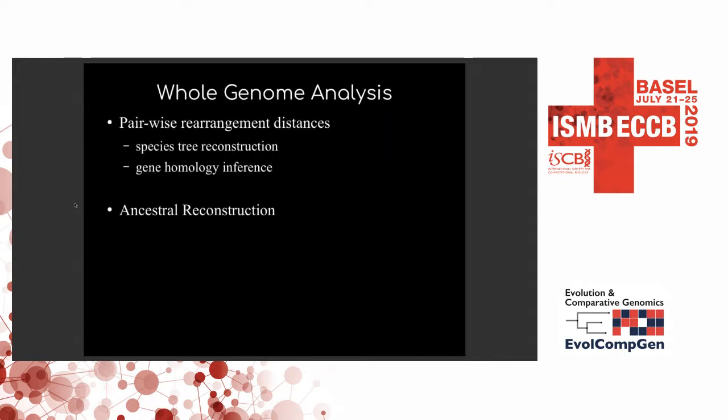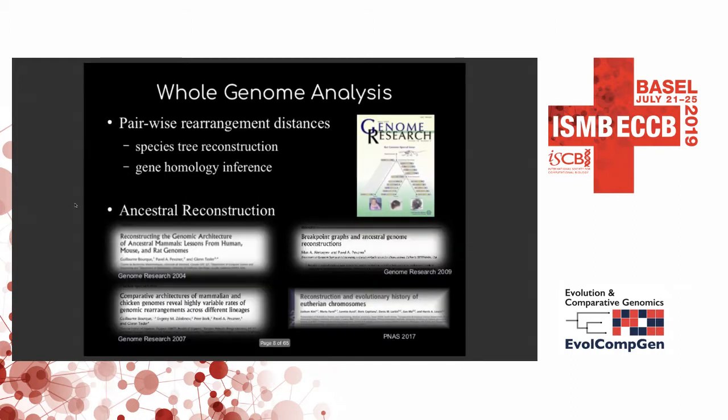The basic problem is pairwise genome comparison. With this, you can rebuild species trees. It's powerful information for finding orthology, paralogy relationships. And we can try to reconstruct ancestral species, or ancestral gene orders, excuse me.